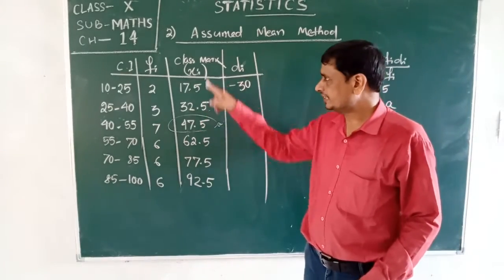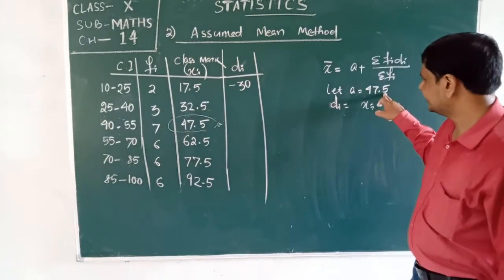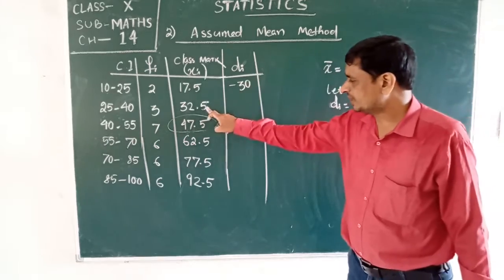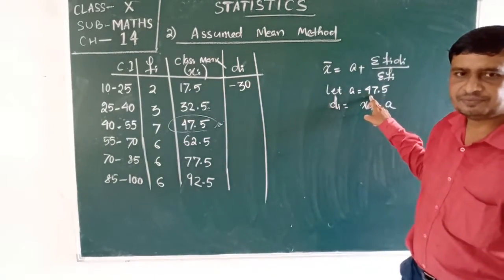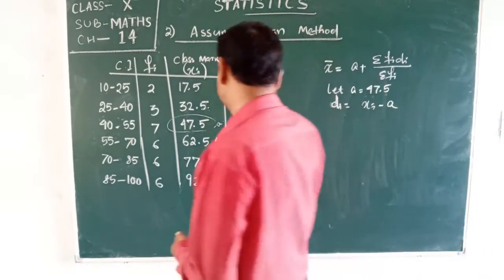Next, 32.5, that is xi minus A, 47.5. 32.5 minus 47.5 becomes minus 15.